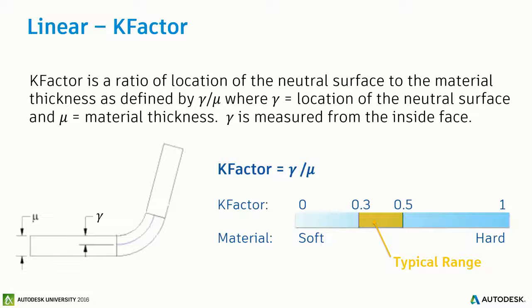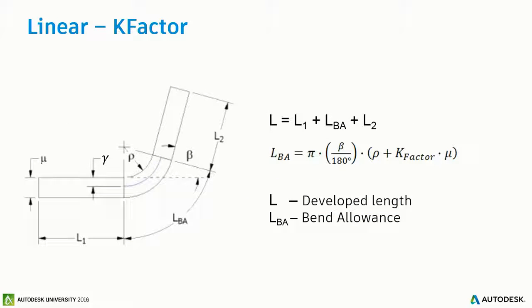KFactor is a value from 0 to 1. It means the material from soft to hard. And the typical range for the KFactor is from 0.3 to 0.5. Usually you decide it based on your material. With this equation, Inventor calculates the material length before bending. Here LBA is the bend allowance, the length of the neutral surface arc.